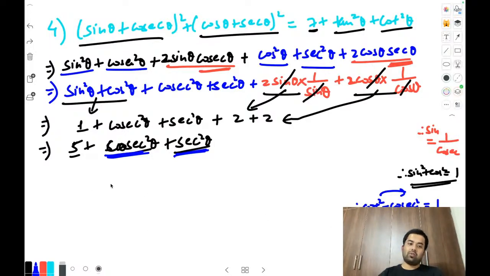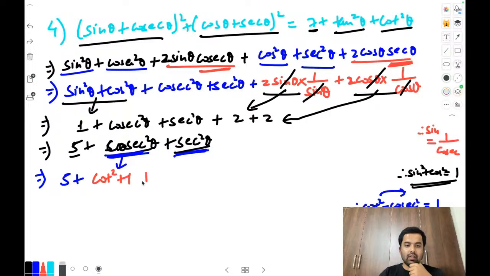Okay, so let me mention here 5 as it is. In the cosec place, what can we keep? Let me underline what we can keep. This one. Wait, am I going correct? It will come plus now. Sorry. Okay, so here we can keep cot square plus 1.